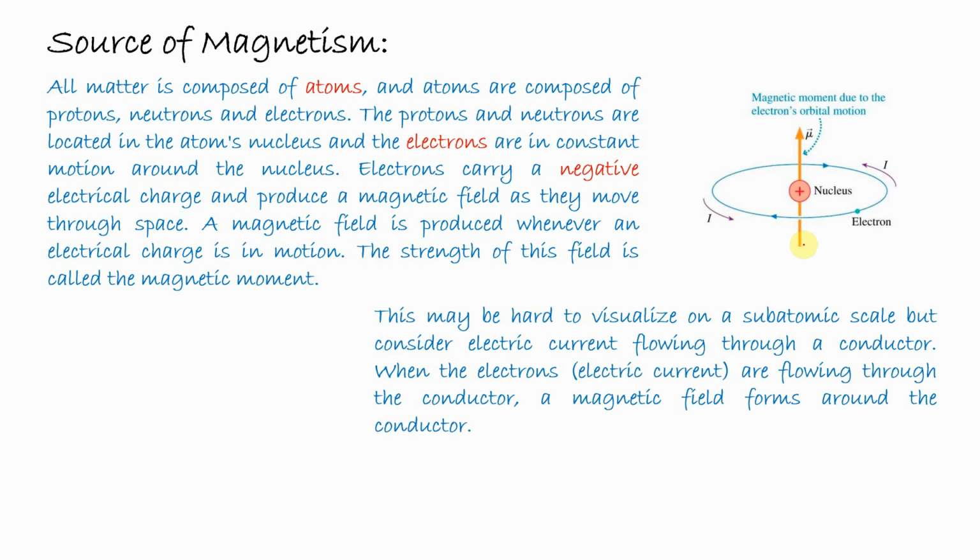Let's say here it is the conducting material and current is flowing through this conductor. As we know, current means the rate of flow of charges. That means there is a motion of charged particles. And as the charged particles move through this conductor, a magnetic field will be produced around this conducting material.